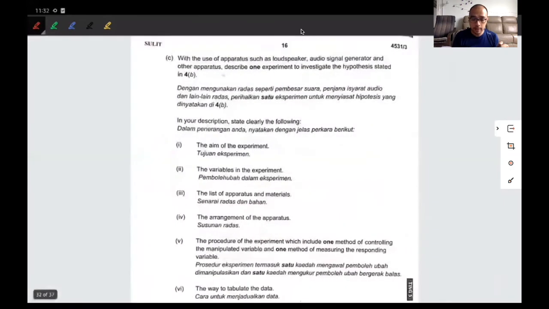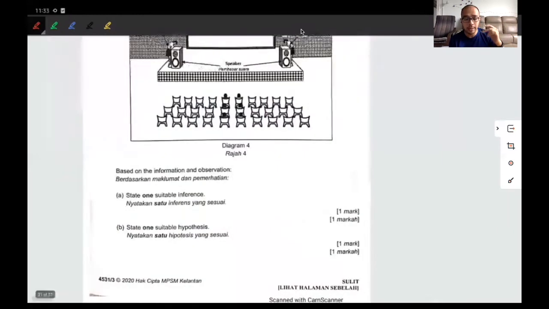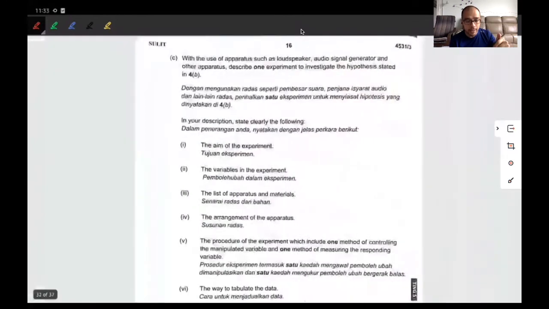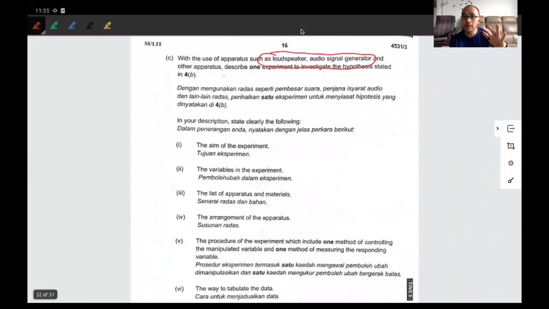Now always double check this one to make sure that you're using loudspeaker and audio signal generator. There has been 1 trial question, not this year, previous years, and I think also an SPM question. They give this situation, but the apparatus is not loudspeaker or audio signal generator. They give ripple tank. So we have to be very careful.